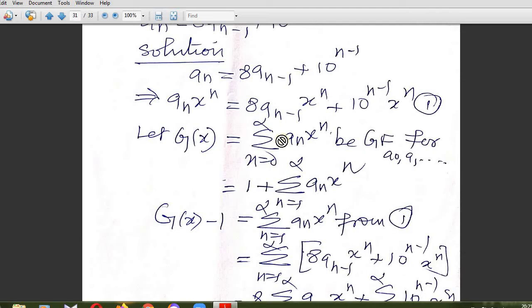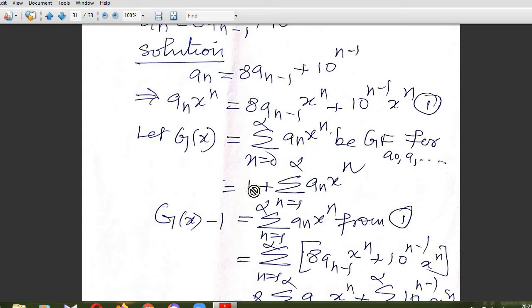What will we get? a0 x power 0, and then the remaining summation, from n equal to 1 to infinity, a_n x power n.